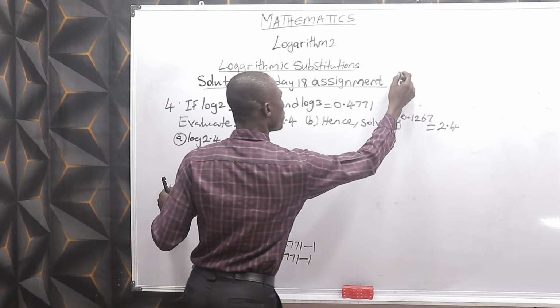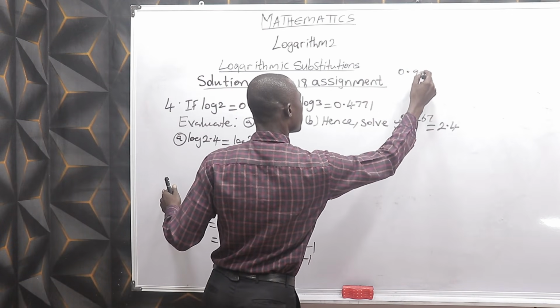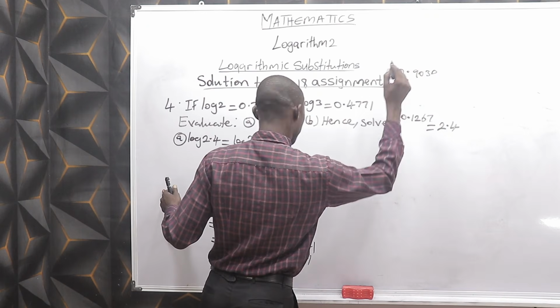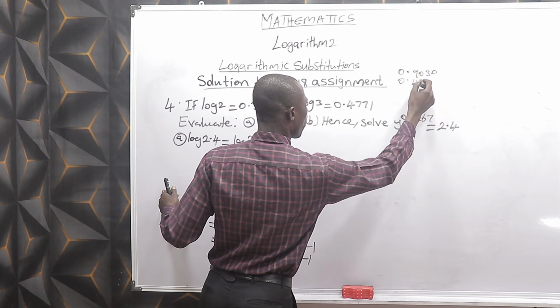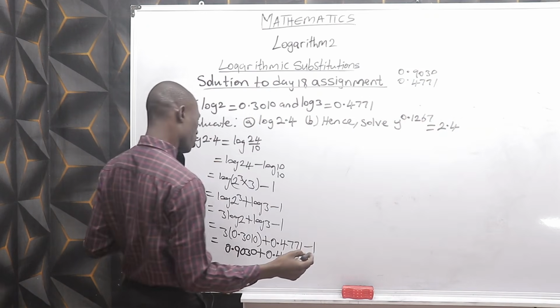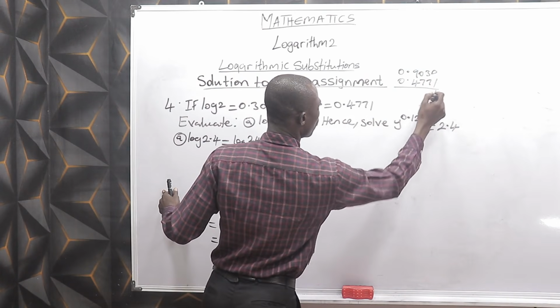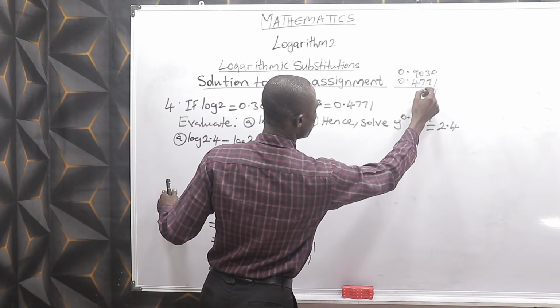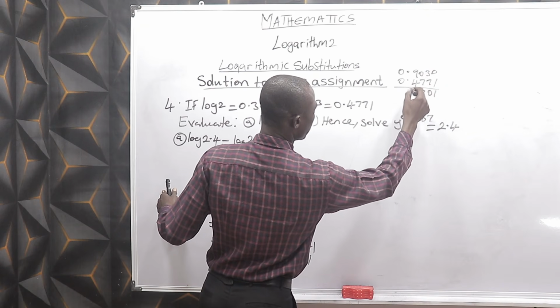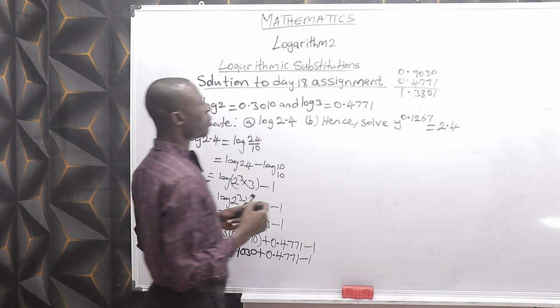Addition of 0.9030 and 0.4771. The addition is 1.3801.